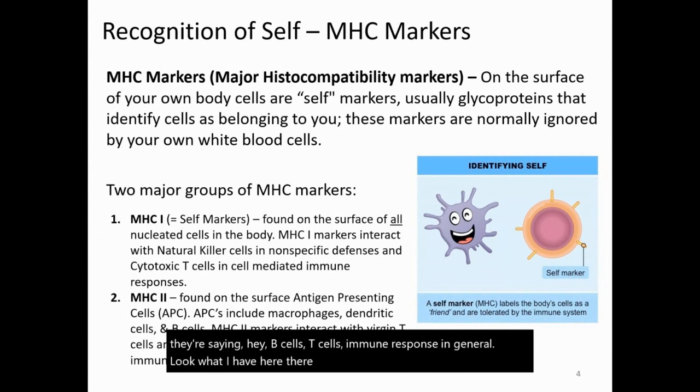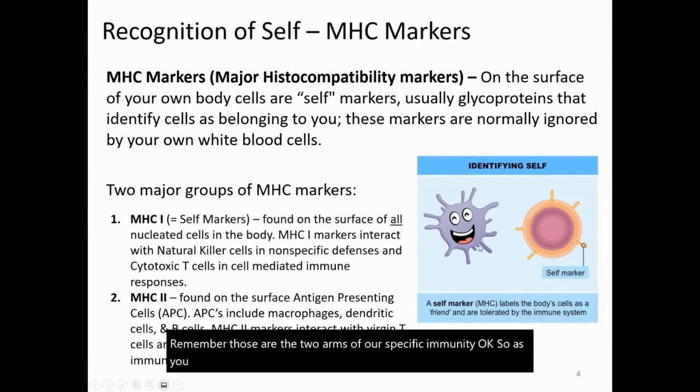There is a pathogen in the body. We need to hunt it down and we need to eliminate it. This is what you are looking for, okay? And so these antigen presenting cells are going to play a key role in activating that humoral response and cellular response. Remember, those are the two arms of our specific immunity.